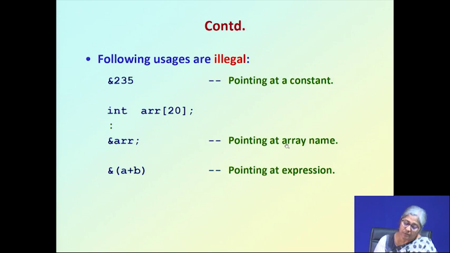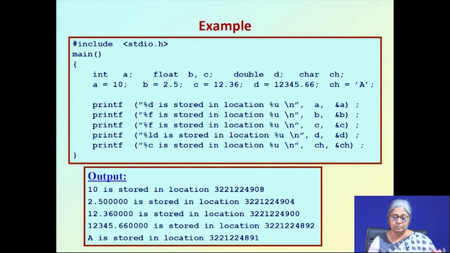But if I give ampersand ARR 0, that is correct, because ARR 0 is the first element of the array. The address of the first element is legal and valid. Similarly, ampersand A plus B, pointing at an expression, are all wrong and illegal expressions.